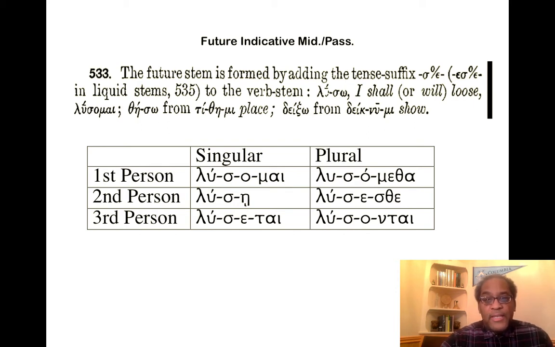So we end up with lusomai, lusei, lusetai, lusometha, lusesthe, and lusontai.